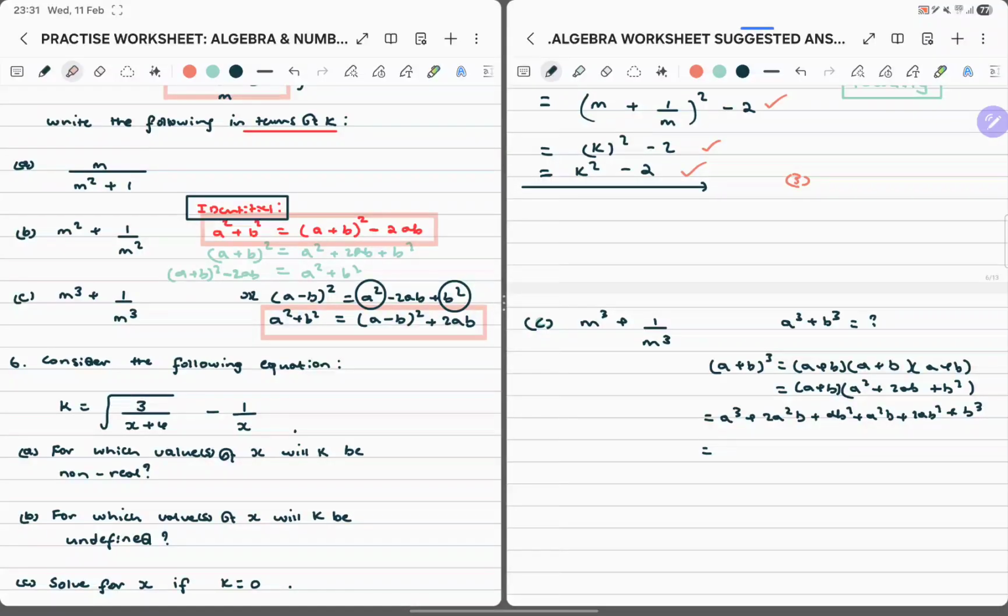Okay, so now let's see, we've got a cubed. Now we've got 2a squared b and a squared b. So what is that?